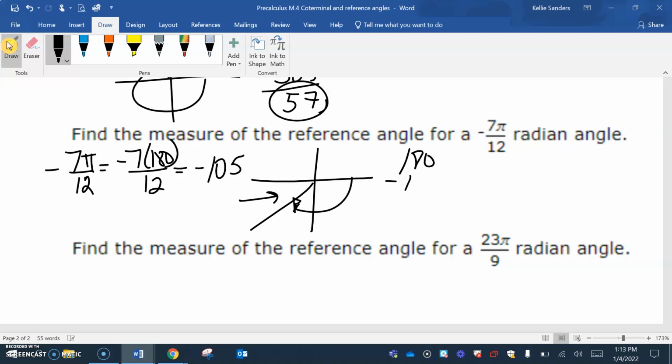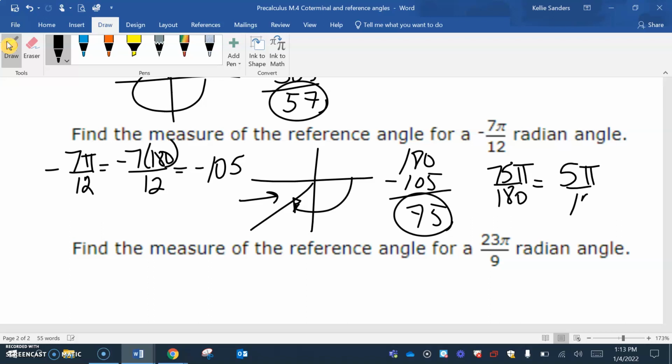So 180 minus 105 is 75. Oh, but that's not the answer because we have to put it back into radians. So we're going to get a calculator. We're going to hit fraction, and 75 over 180 to reduce it for us is 5 over 12. Which makes sense because 5 plus 7 is 12. Okay.